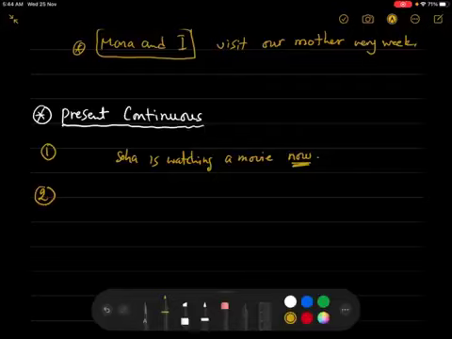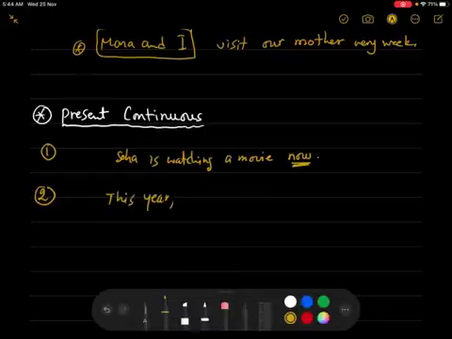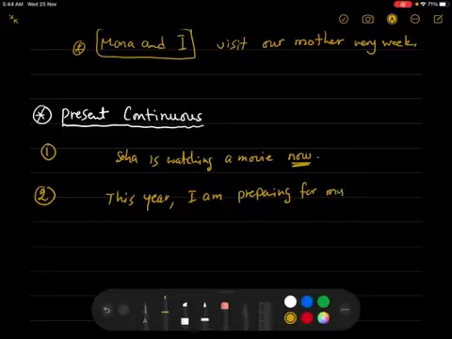Second, when we want to express an activity that is happening in the present but not necessarily happening in the moment of speaking. For example, I can say, this year I am preparing for my IELTS exam.